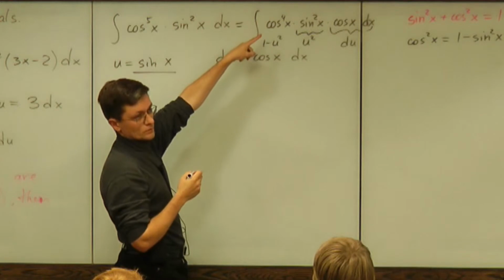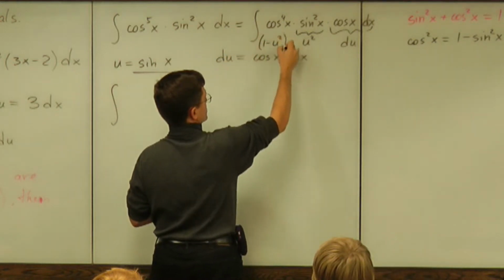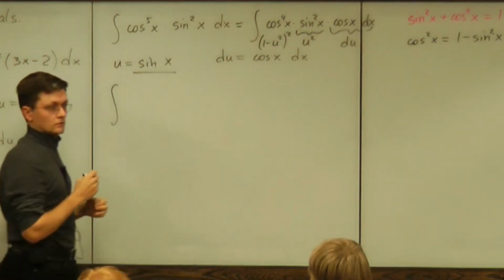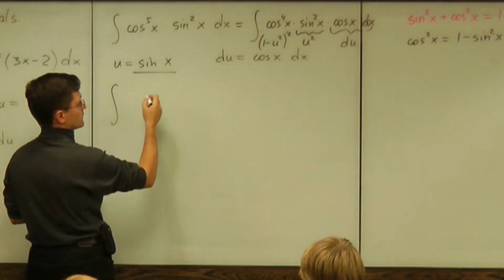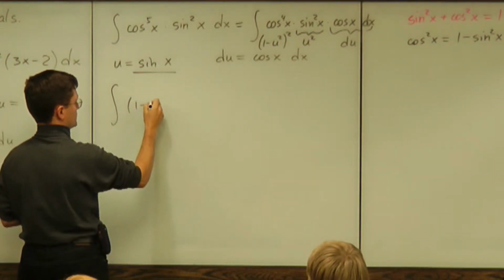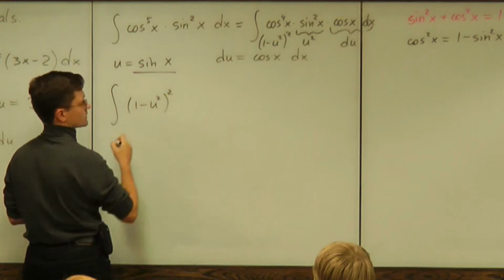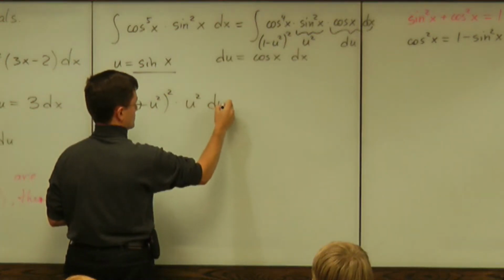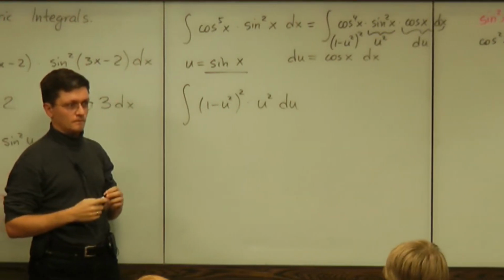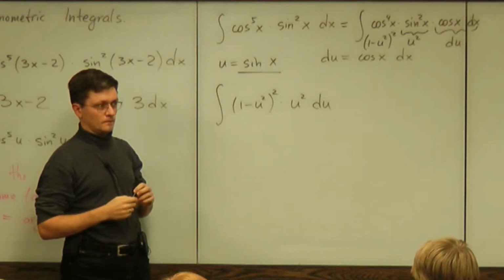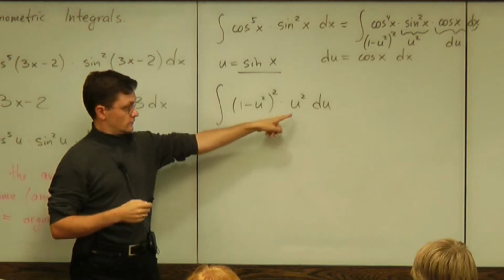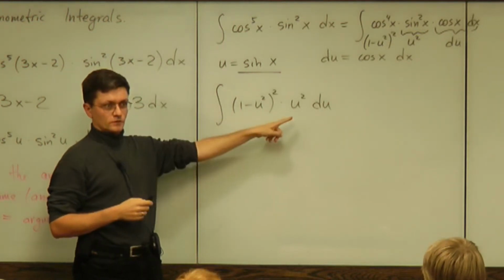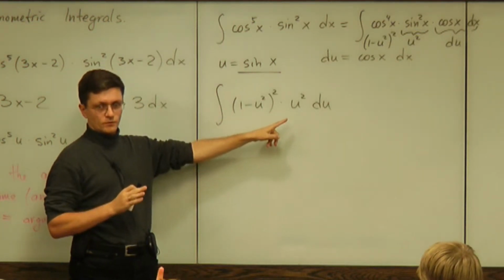And since I have cosine to the power 4, I just have to square all that to get cosine to the power 4. And my integral becomes 1 minus u squared, squared, times u squared du. The result is that the integrand has no trigonometric functions involved.